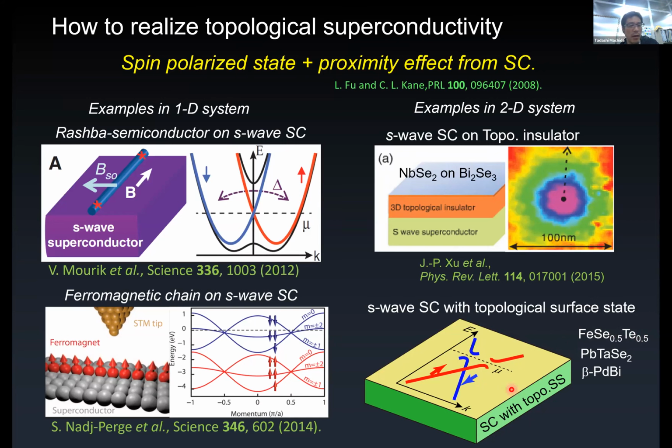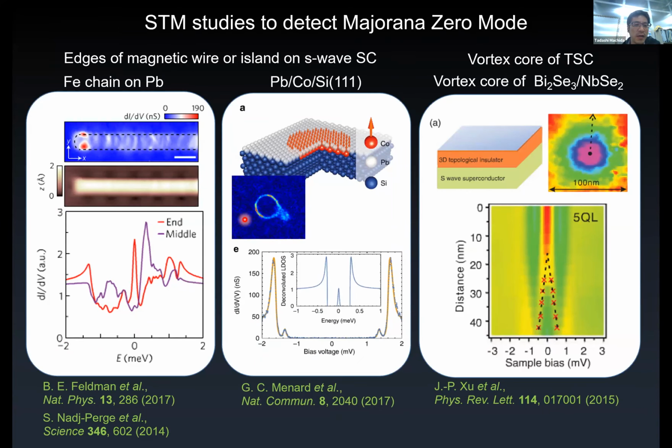In these candidate systems, there are many experimental works trying to detect the signature of the Majorana quasi-particles. One of the most intriguing examples of such measurements is the STM measurements on these topological superconductor candidate systems.